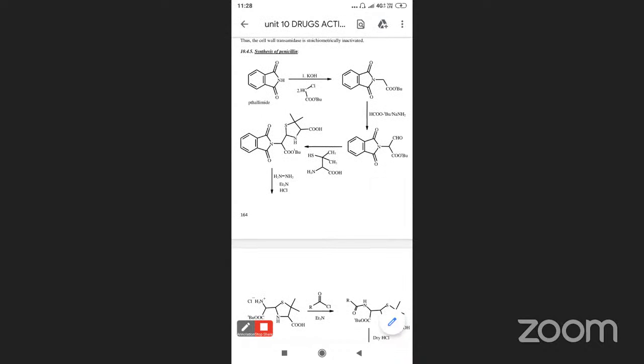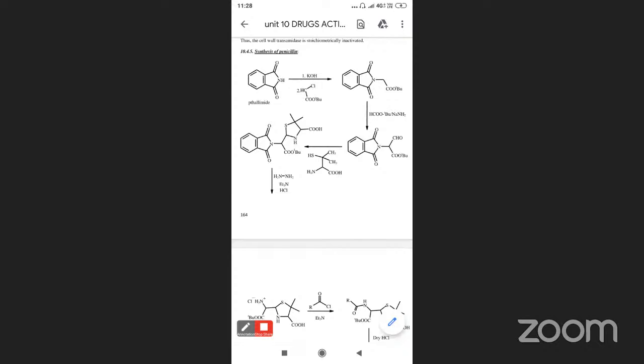Then again we treat with butyl formate in the presence of sodamide, and you can see the formation of the formyl group, a formylation reaction.